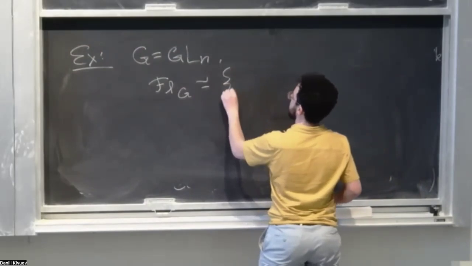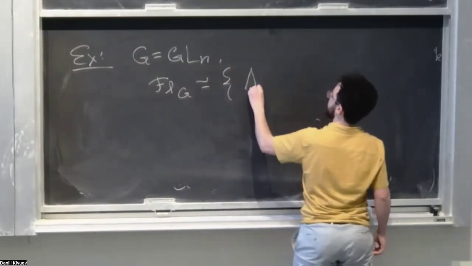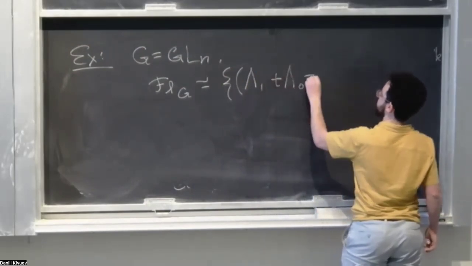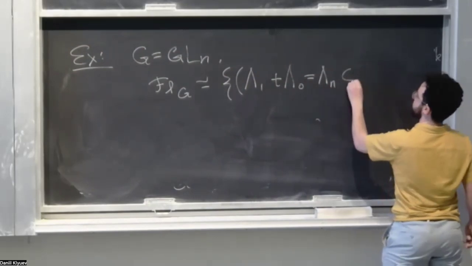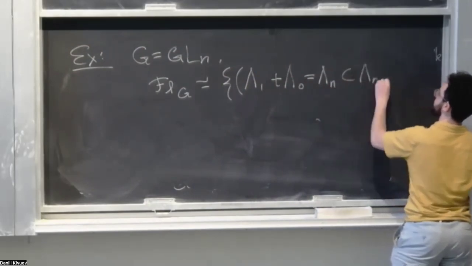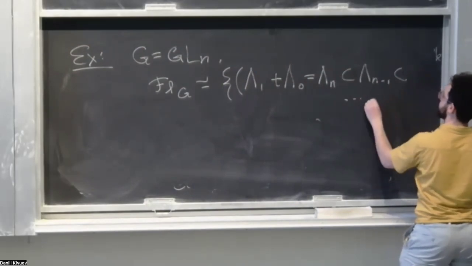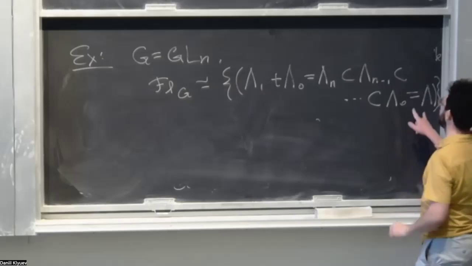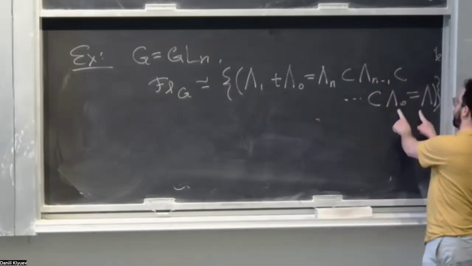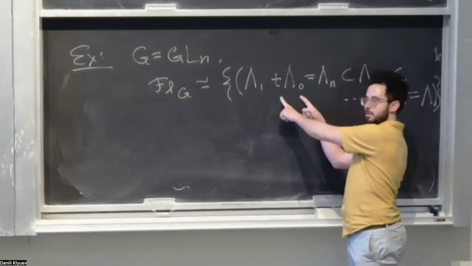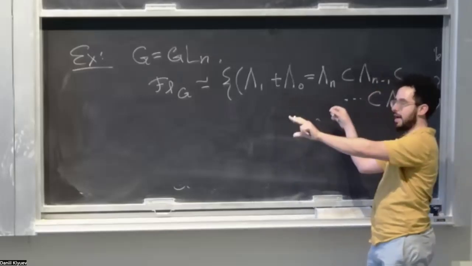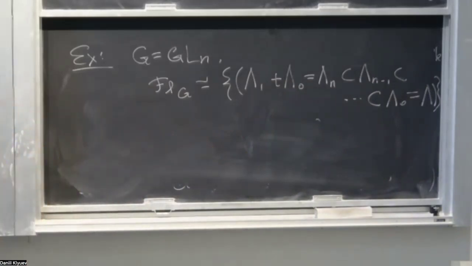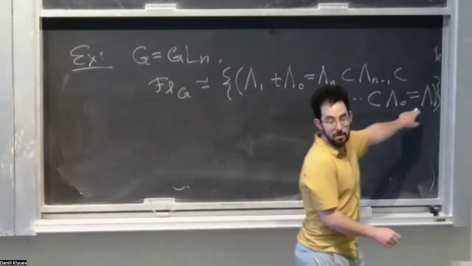So you give a lattice and then you also give a sequence of things that lie in between your lattice and T times it. So this is the same as giving a complete flag when you divide by T.